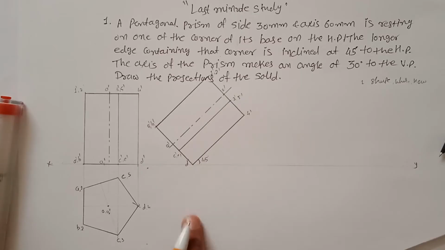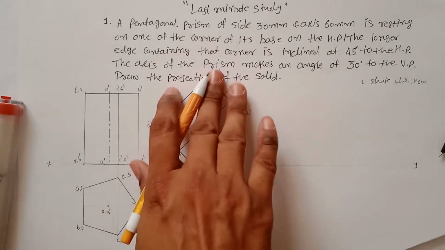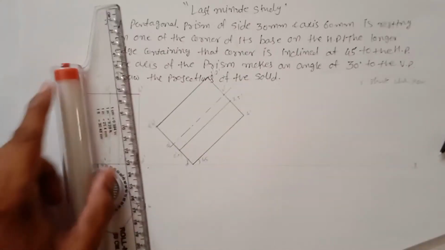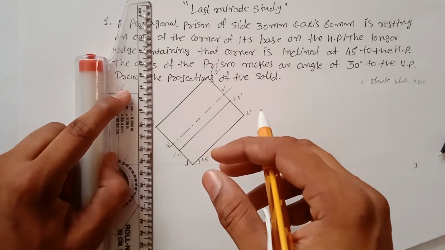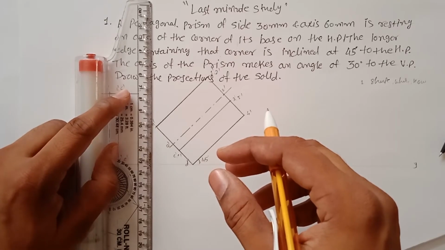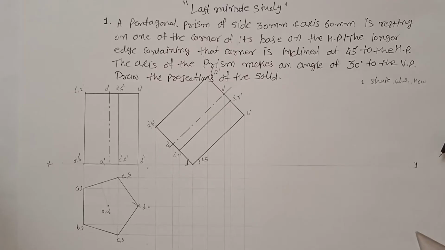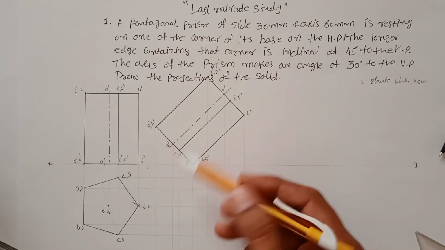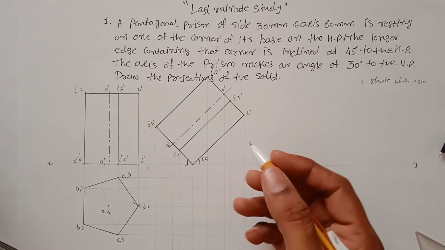We have to find out a top view. So to do so, as we have already seen in projection of plane, you have to use the projections of this and this to find out intersecting points. So to draw all the projections from each and every corner and then find out the intersecting points.